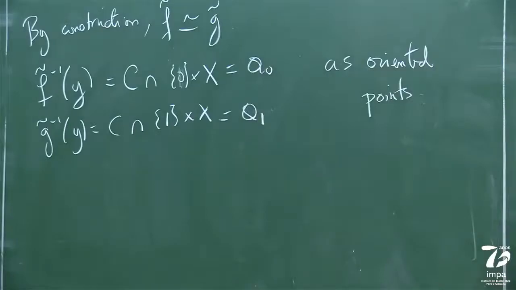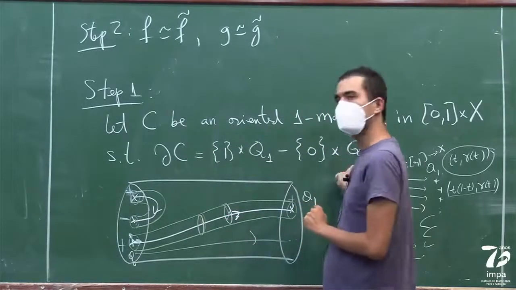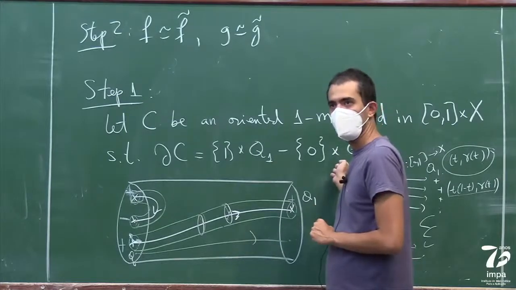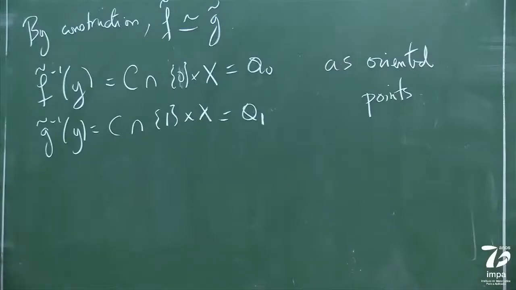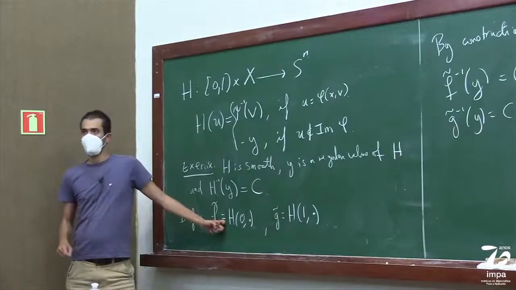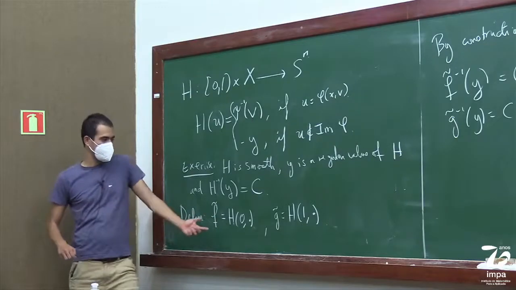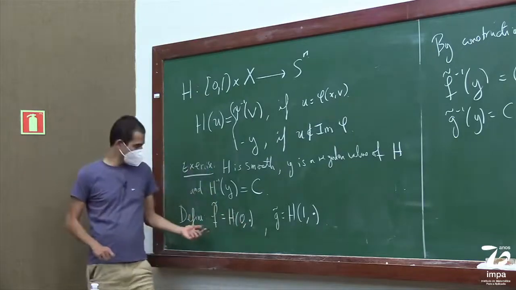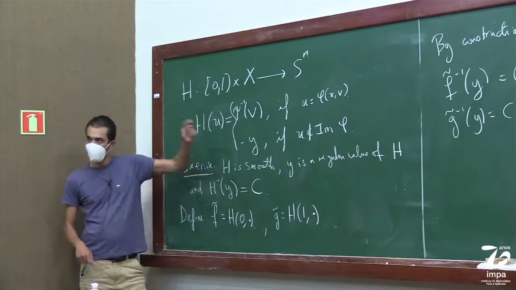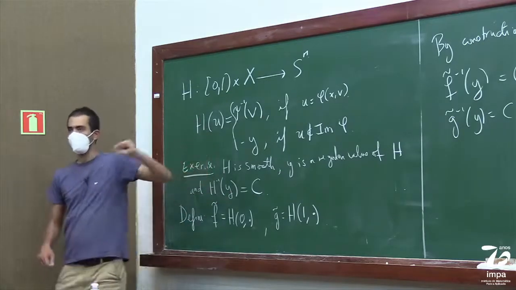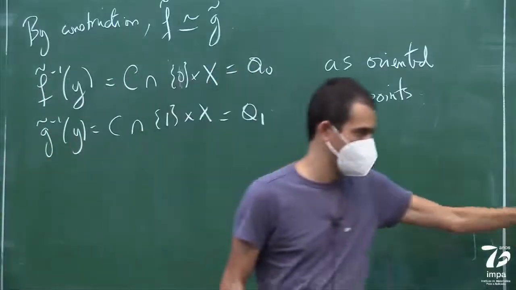Okay? Because I said, in the boundary of C, these Q1 and Q0 appear, but then you have to change the signs of Q0. But then you change it again when you look at this equality here. So when you look at the preimage of y by F tilde, you get these points that are on the 0 times X slice, but then they come with exactly the signs that they were given before.